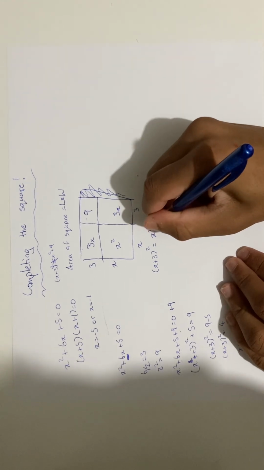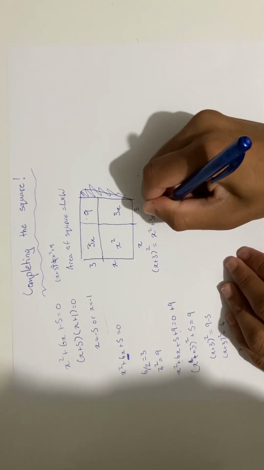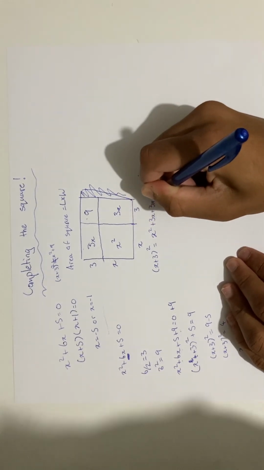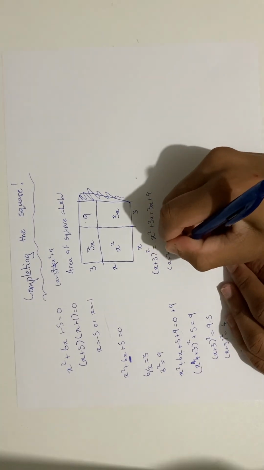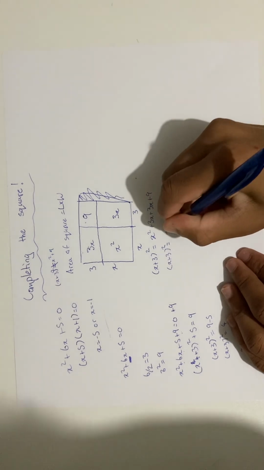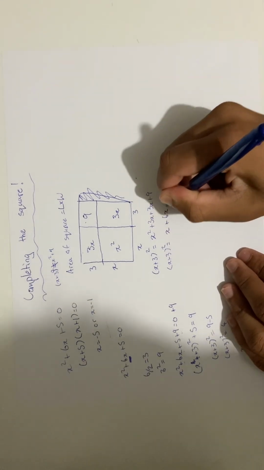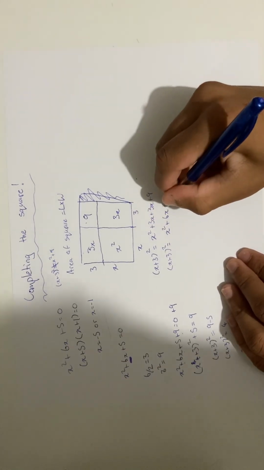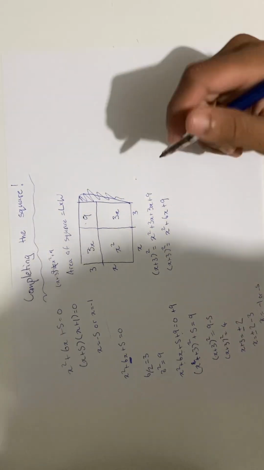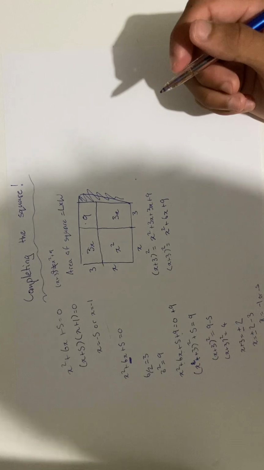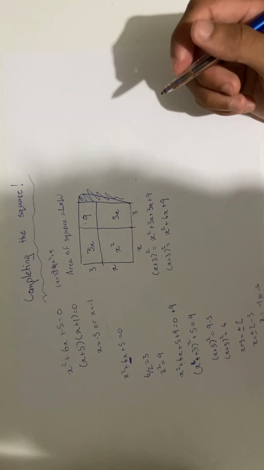Therefore, we add x squared plus 3x plus 3x plus 9. And as we simplify it, we get (x plus 3) squared is equal to x squared plus 6x plus 9. Interesting. But can we use this to solve the quadratic formula to prove it?